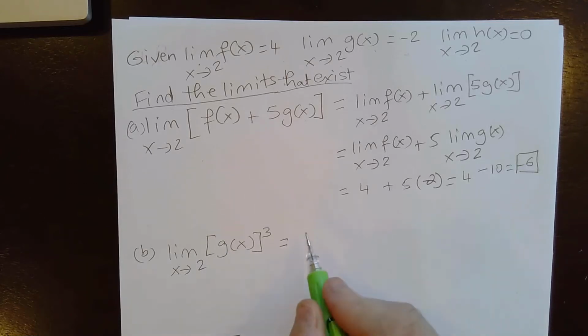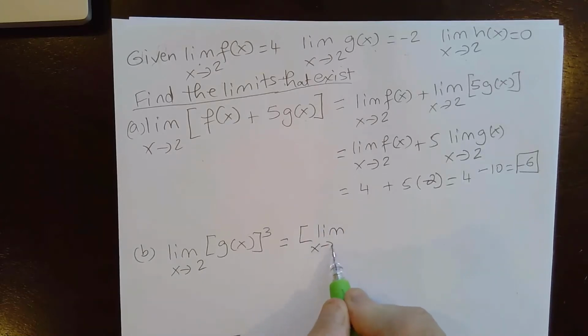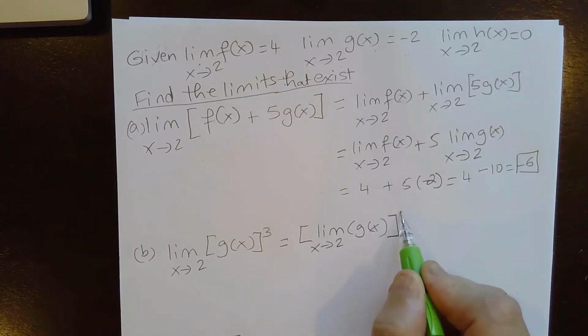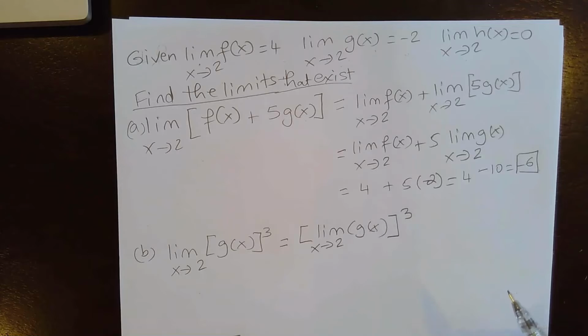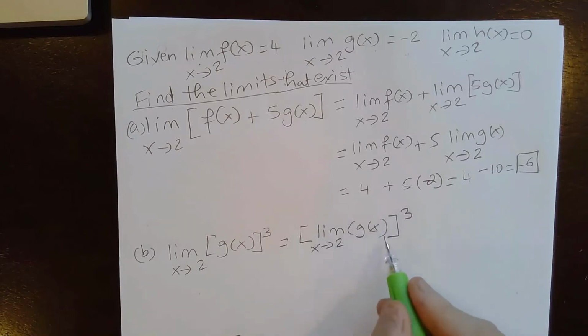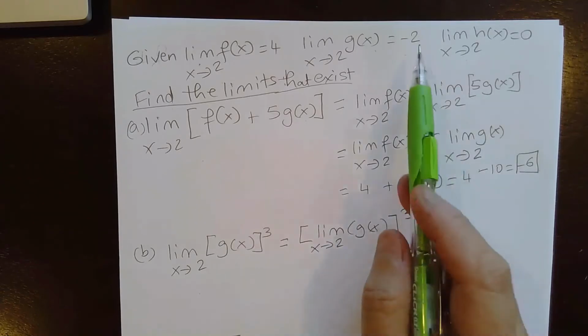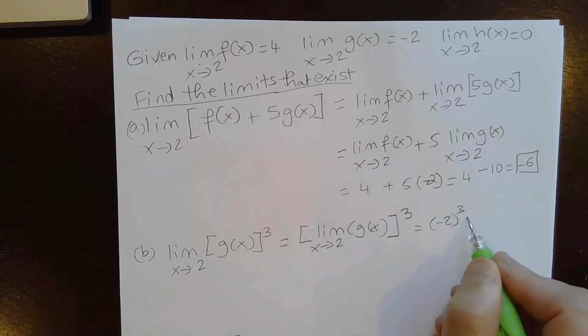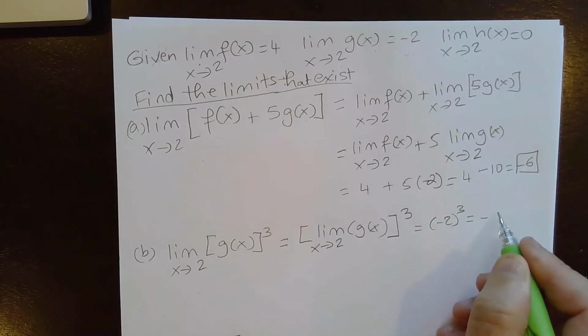So this is the same as the limit as x approaches 2 of g of x raised to the 3rd power. This is the power law. Take the limit in, raise it to the 3rd power. We already have this, it is given to us, and that is equal to -2. So this is -2 cubed, which is equal to -8.